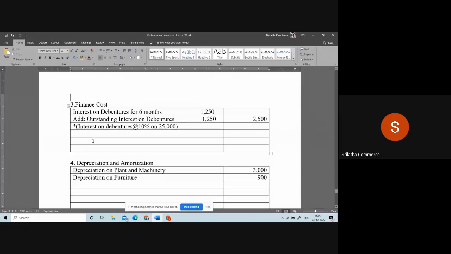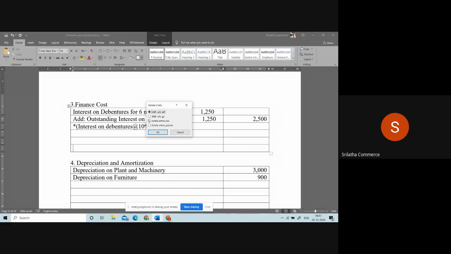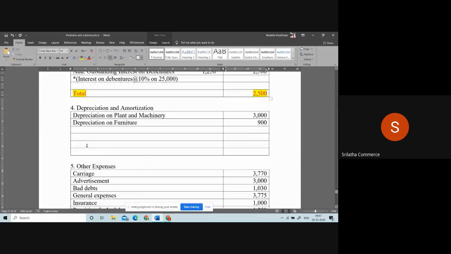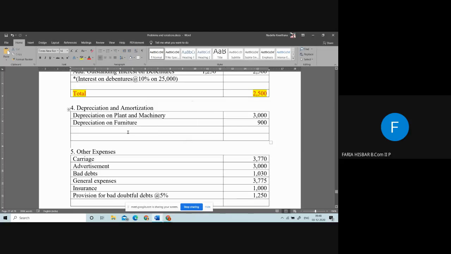Then finance cost, total 2,500. Then depreciation and amortization, total 3,900.